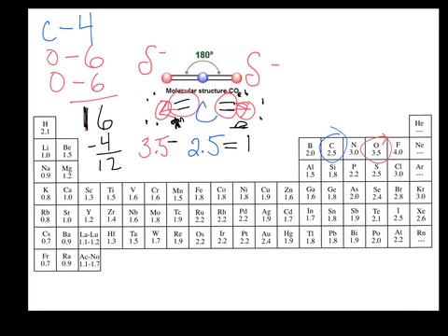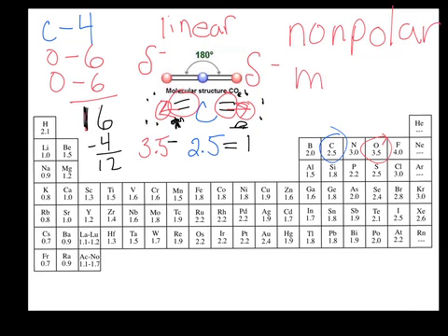Wow. So that means that we have negatives at each end of this molecule. So we do have a polar bond, but because of our linear shape here, and the electrons being pulled towards the outside, this is going to be a non-polar molecule.